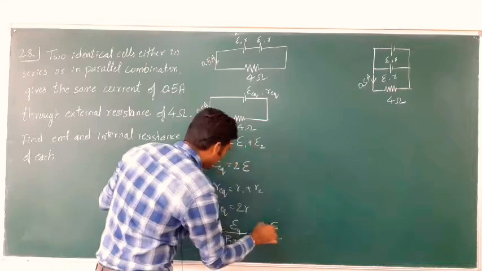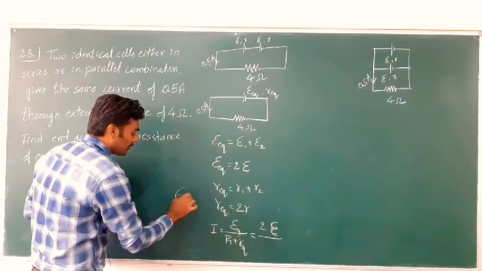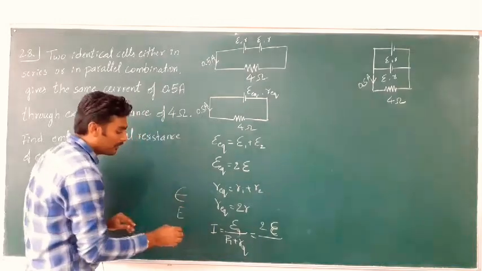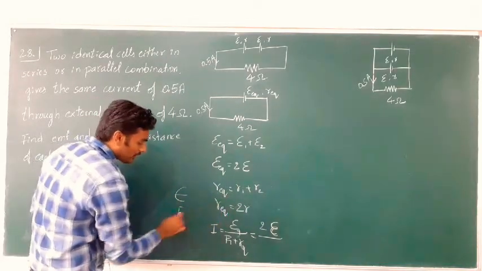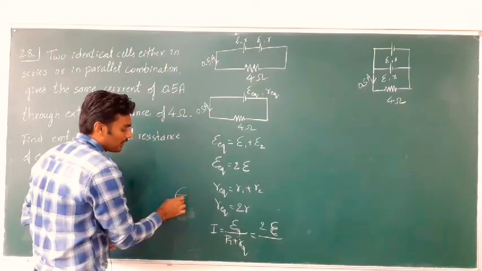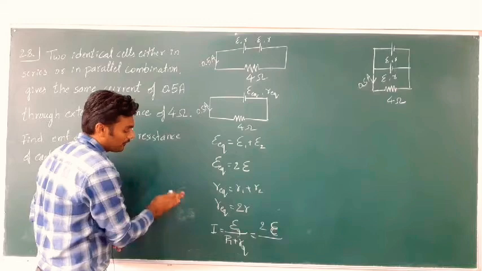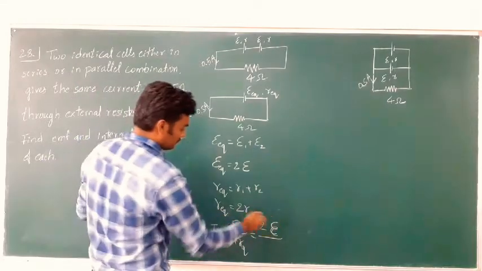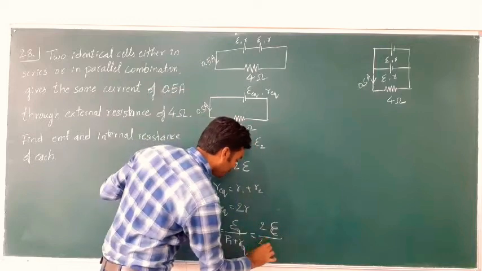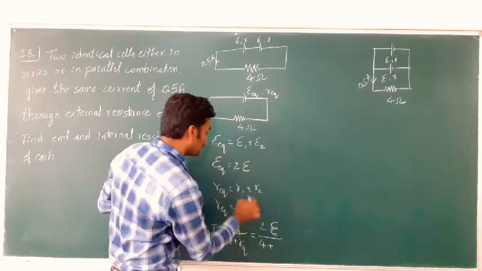Careful while writing E like this, okay, because this is epsilon, right? You can write E like this also, that's also fine, but generally we make use of this kind of E for expressing EMF, okay, but you shouldn't write this as epsilon. 2E divided by, what is external resistance? It is 4 ohm plus, what is R equivalent? 2R.